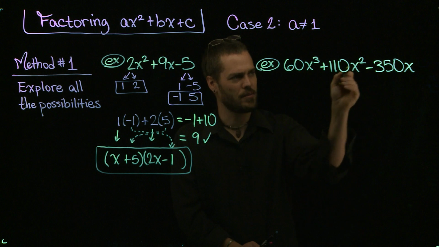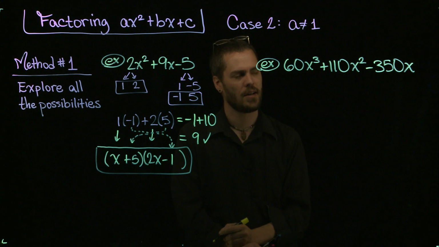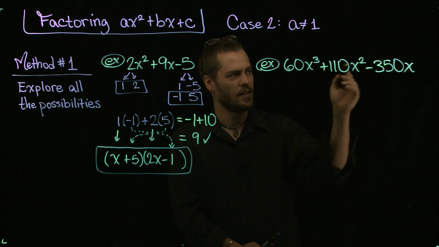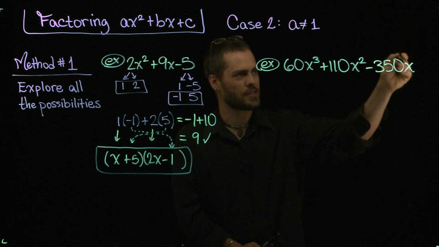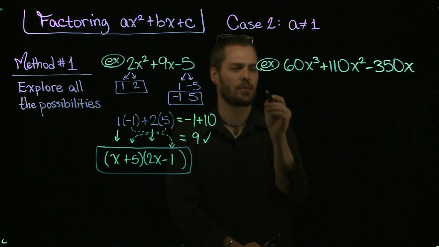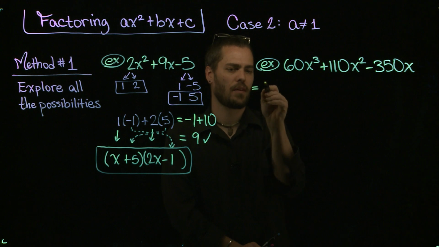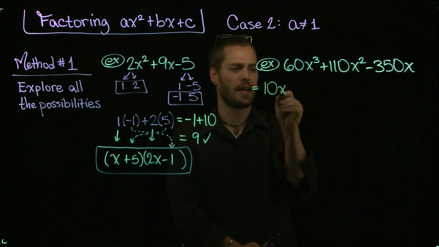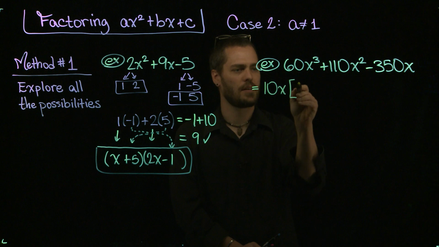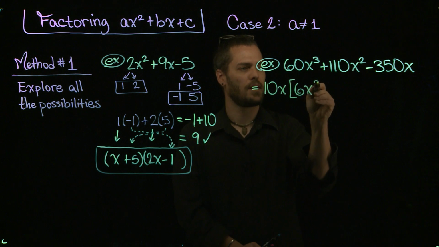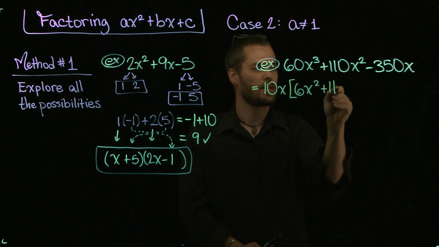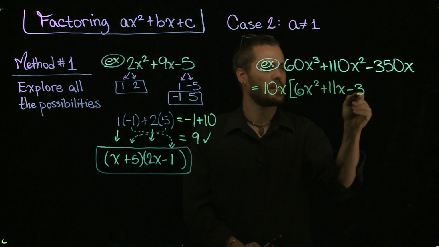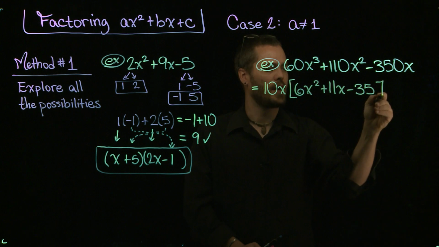Notice that 10 is a common factor of all those numbers. Notice also that at least one factor of x shows up everywhere. So I'm going to take out 10x, and what I have left is 6x squared plus 11x minus 35.